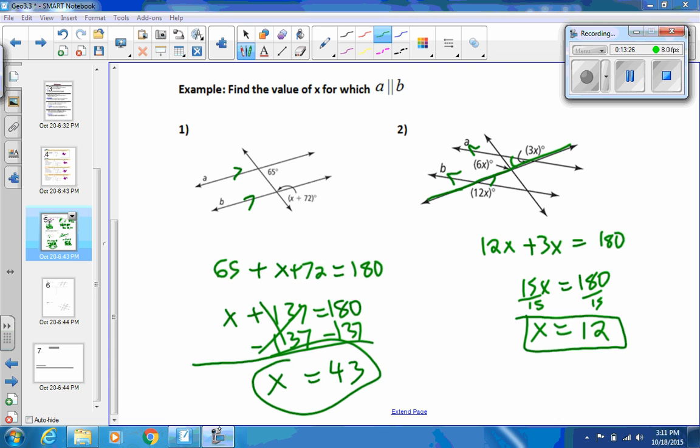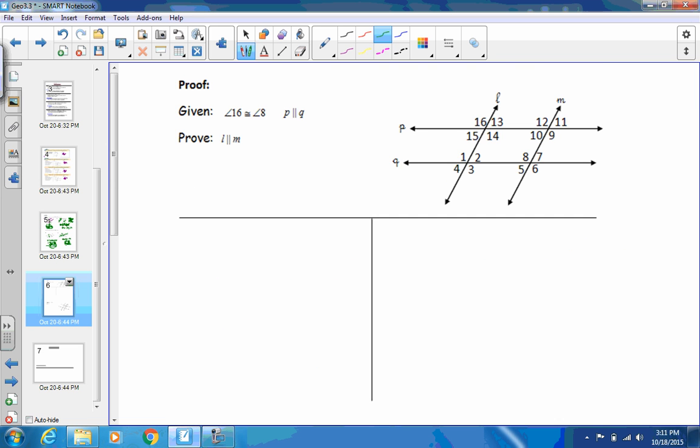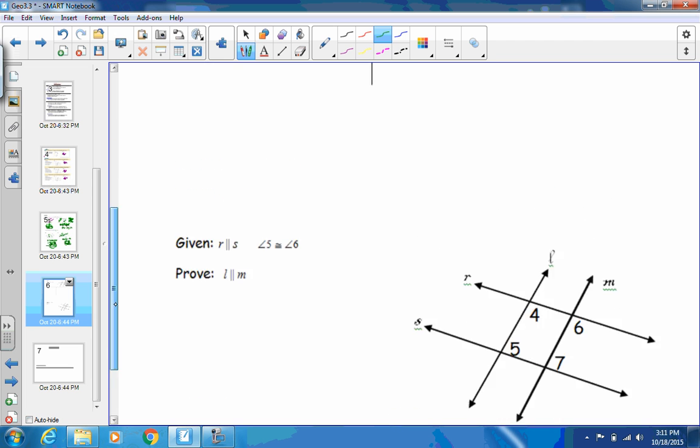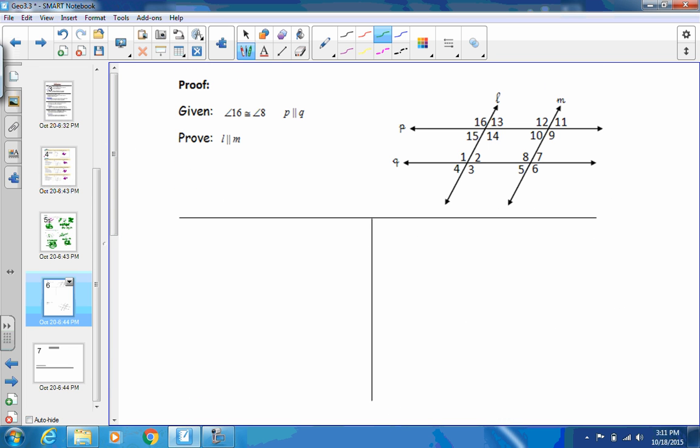All right, last thing I want to do here, and we'll do one of these in class next time, but I think I want to go through one of these proofs real quick. This first proof gives you a diagram to the right. It also gives you, as our first step, always a given, that angle 16 is congruent to angle 8, and that P and Q are parallel to each other.